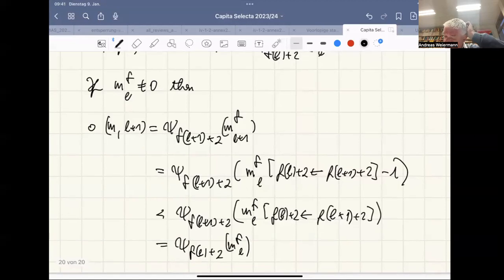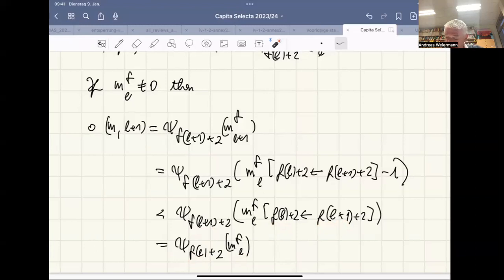Now this is clear if F of L plus 1 is 1 plus F of L. So if the distance between those numbers is precisely 1, I can use the lemma from before. But it could be that FL is equal to FL plus 1. Now what's going to happen then? Now this FL plus 1 is the same as this one here. And if FL is equal to FL plus 1, then there's no change involved. So I get here FML.